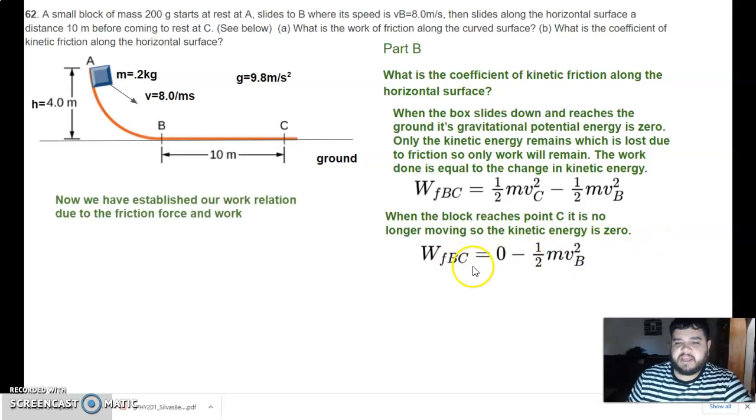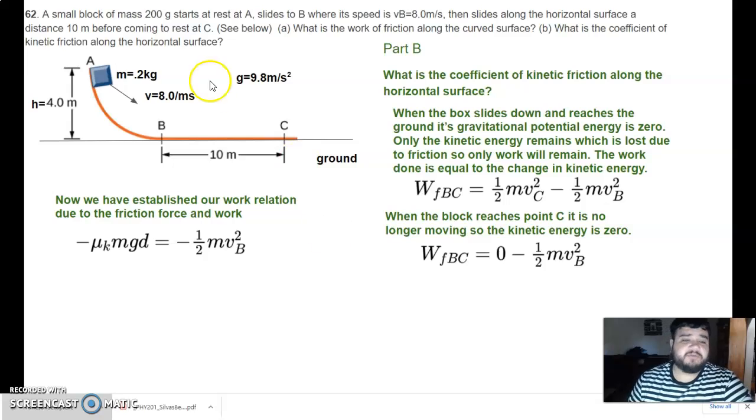If we substitute that in, it's simplified now. Now we can solve for what we really want, the coefficient of kinetic friction: negative mu k, because it's going in the negative direction, times the mass times the gravity times the distance it traveled, is equal to the negative 1/2 mv squared of B, which is what we had left over in the equation.